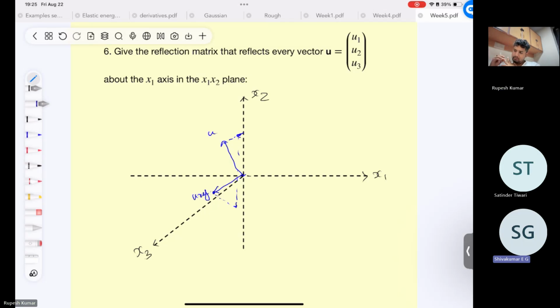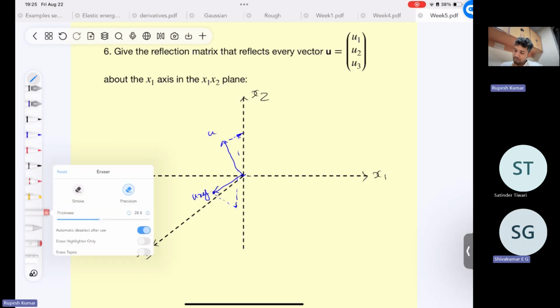And then when you take the reflection about the x1 axis, U1 becomes minus U1, am I right? No, no, U2 becomes minus U2, because you are taking the reflection about the x1 axis.